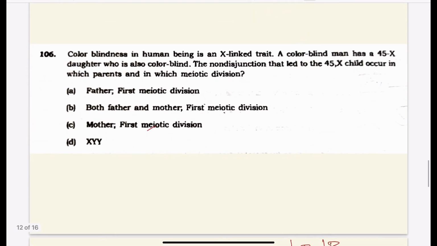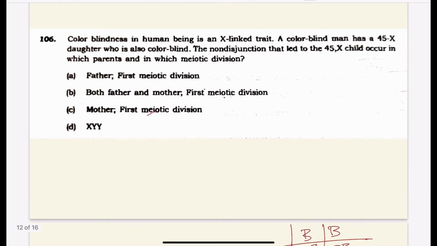Next question. Color blindness in human beings is an X-linked trait. A colorblind man has a 45,X daughter who is also colorblind. The non-disjunction that led to the 45,X child occurs in which parent and in which meiotic division is the question. The X-linked trait has the color blindness mutation. So, when a colorblind man has a daughter, that means that X has the mutation, small c.